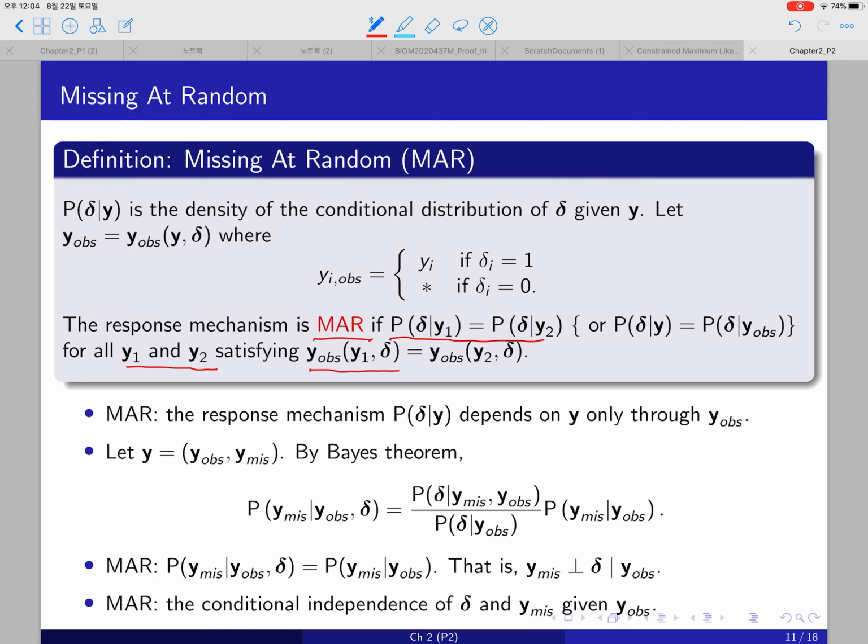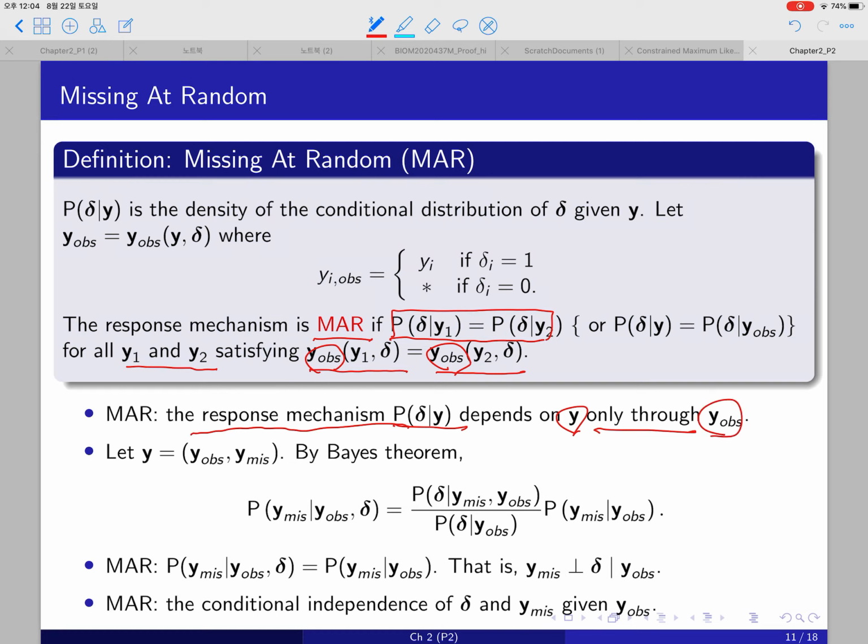So as long as this mapping provides the same value, then the probability is the same. Missing at random means that the response mechanism depends on y only through the observed part.